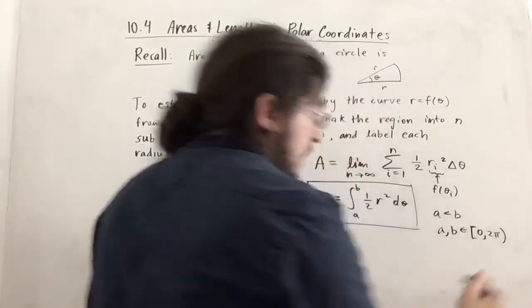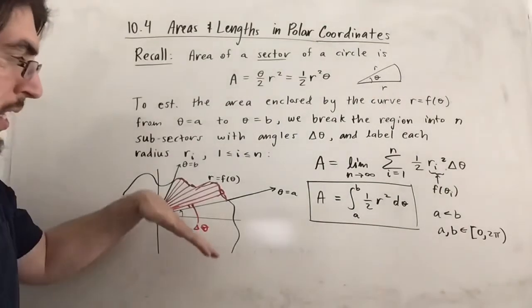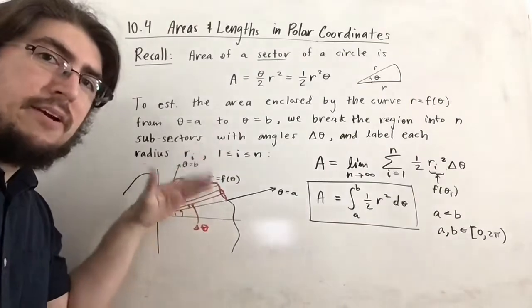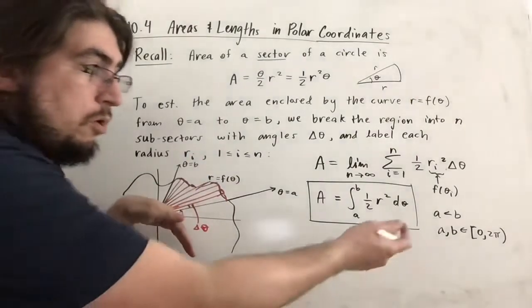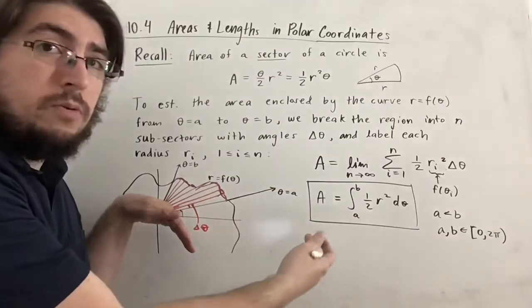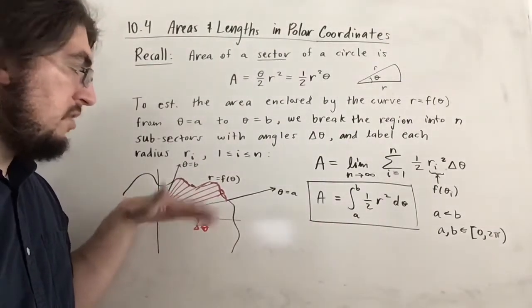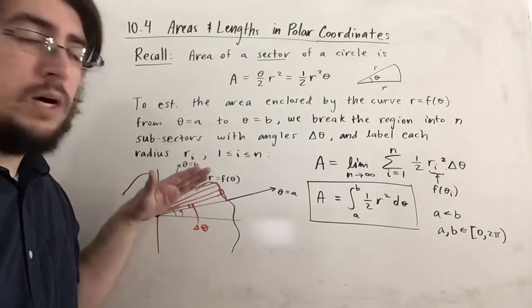Sometimes you don't have a choice, and we'll see examples of that shortly. Let's say you're between the fourth quadrant and the first quadrant, you have to go from here to here. You have no choice but to dig into theta values below 0, which are negative, or theta values above 2 pi, which would be these ones here in the first quadrant.